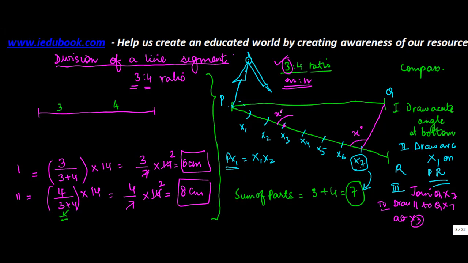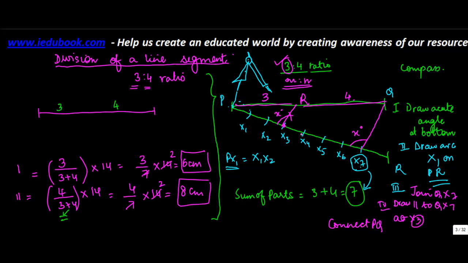Draw an angle of x degree here. Once that is done, just connect this to PQ. And let's say this intersects at point R. So then basically PR is to QR will be equal to 3:4.